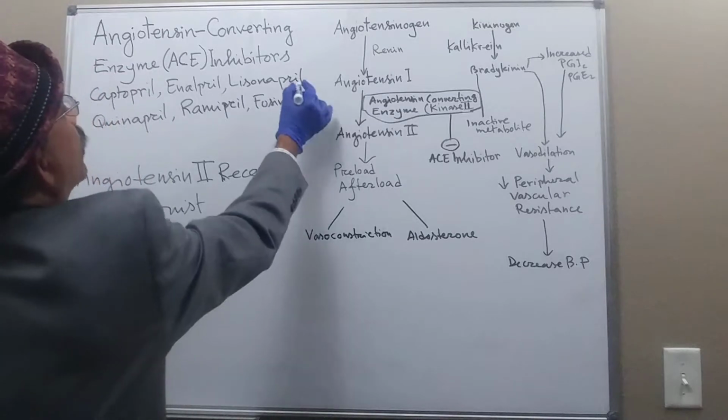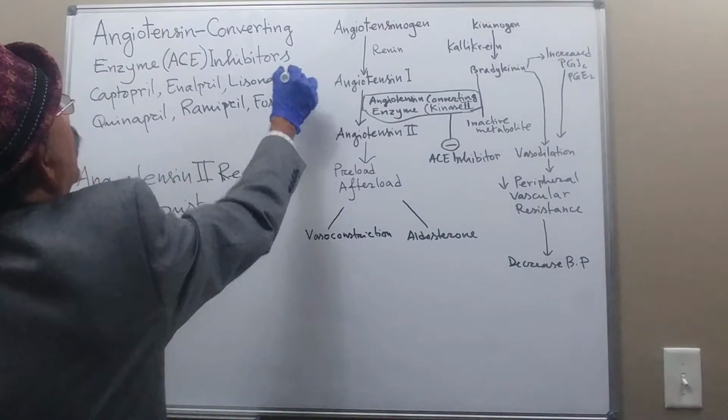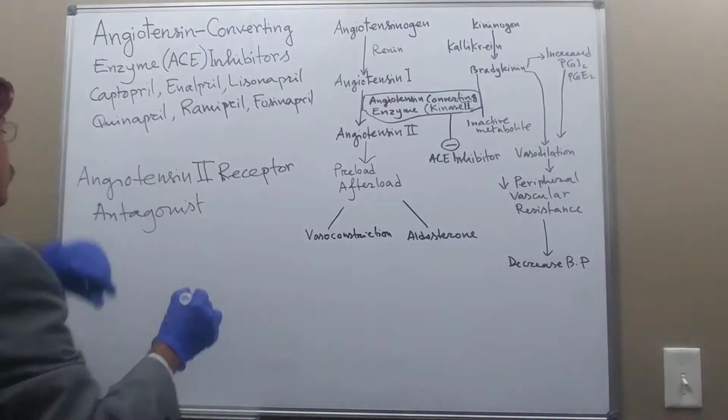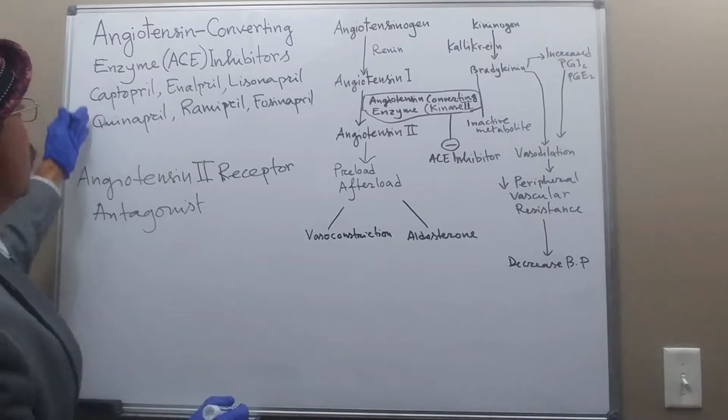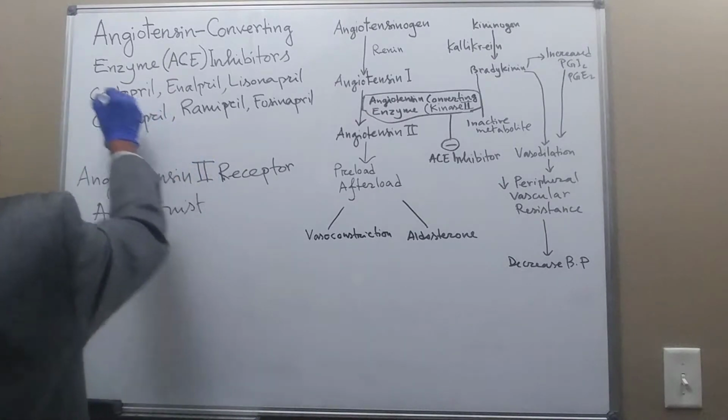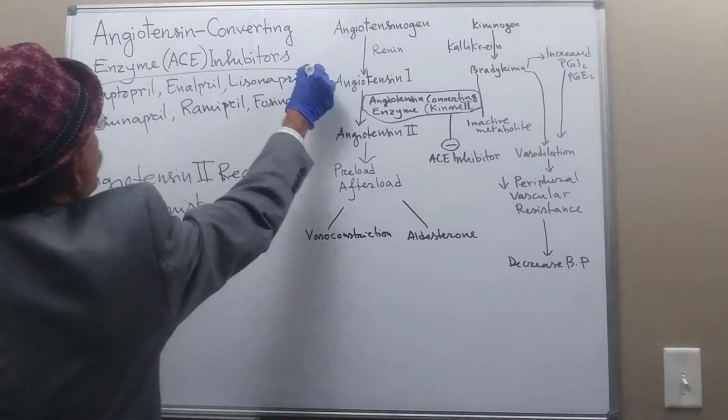All of them come with the word PRIL. So these are the drugs, these are the ACE inhibitors.